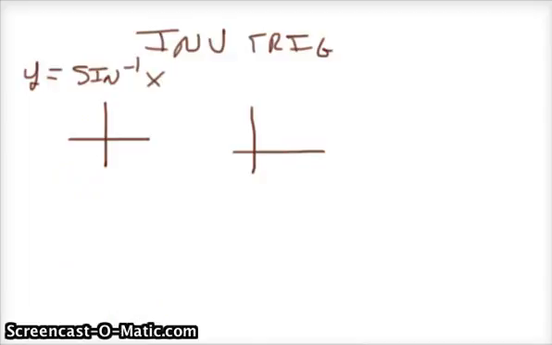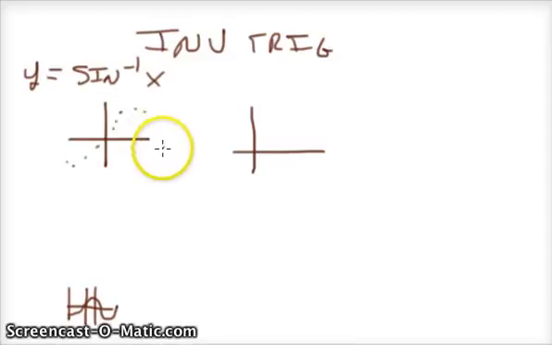Now, to understand that, remember that the sine curve went like this, but I'm going to just use the 4th quadrant up to the 1st quadrant, and so I'm going to have this part of the sine curve, but it's going to be flipped. So it's going to look like this.